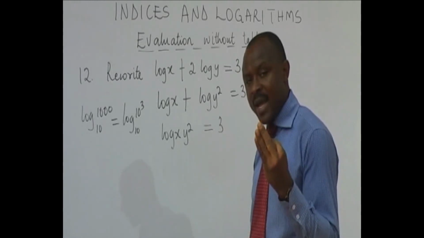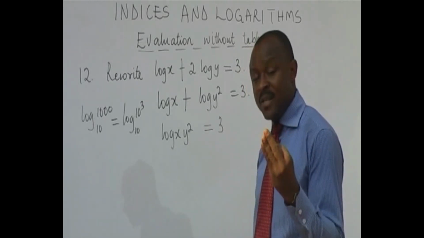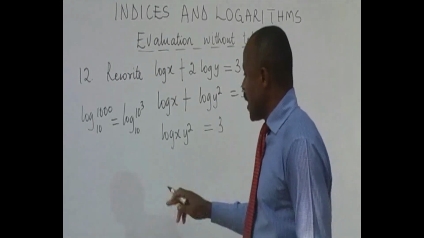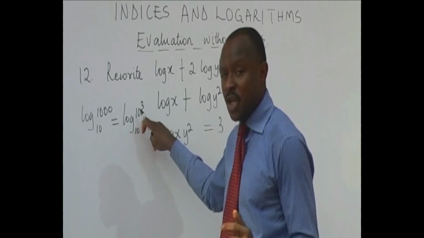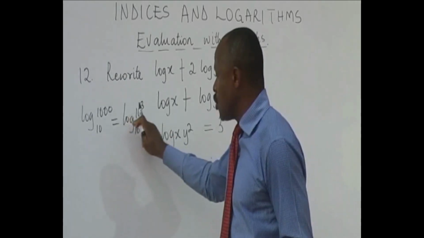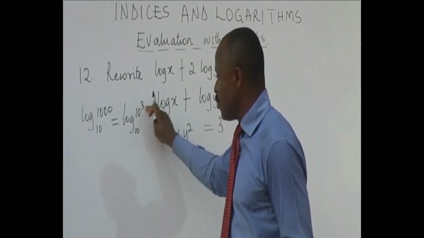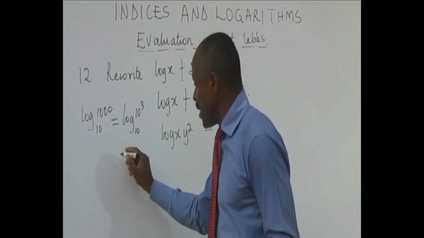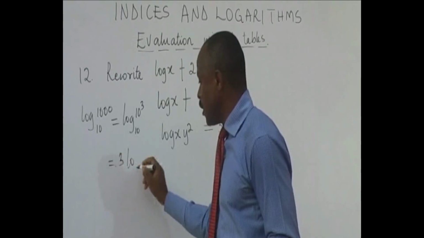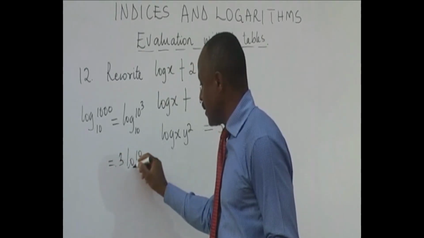That is why 10 exponent 3 means 1000. In this case, if you should apply the third law of logarithms, you discover that log of 10 exponent 3 to base 10 is the same thing as 3 log 10 to base 10.